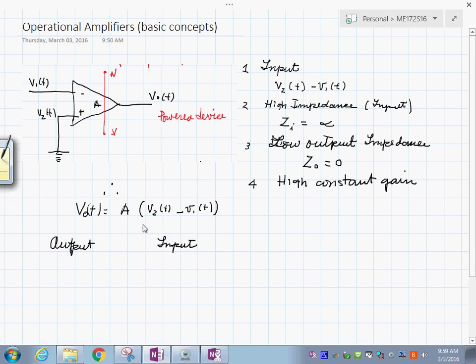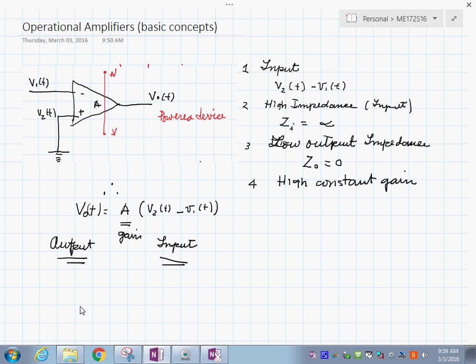But you see, this is not a passive transformer. This is what is different about this device. This operational amplifier receives external power. See this difference in voltage here? This is from outside.